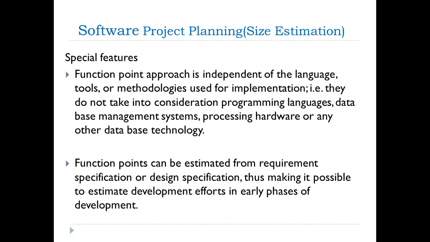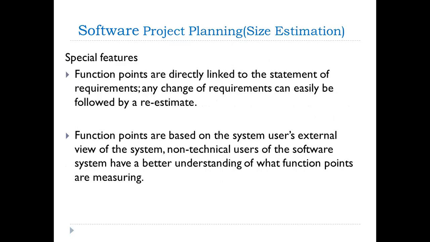With the help of functionality, we can say that this is the size of the project. We will discuss later on how this makes it possible to estimate the development effort in an early phase of software development. The next feature of function point is that it is directly linked to the statement of requirements. So any change of the requirements can easily be followed by a re-estimate of the size.